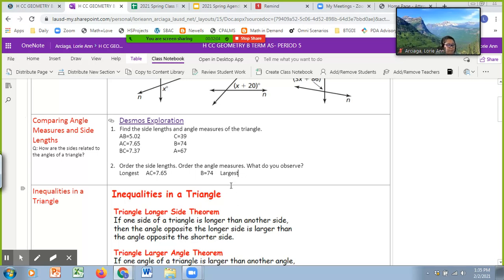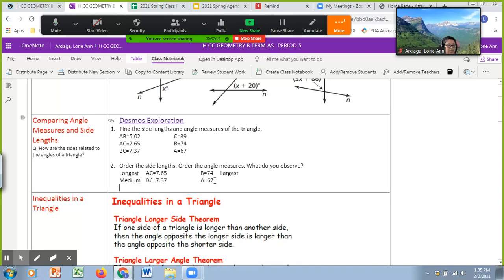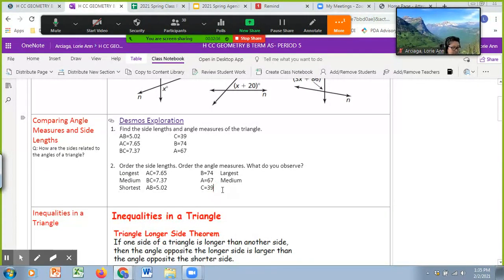You guys see that? Okay, then what's the medium one? The medium one is 7.37. BC. There you go. So let's copy that. And that angle is also the medium sized angle, right? And last but not the least, the shortest is AB, and it turns out the angle across that is the smallest angle.